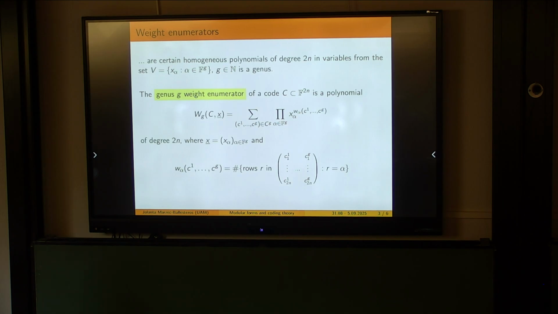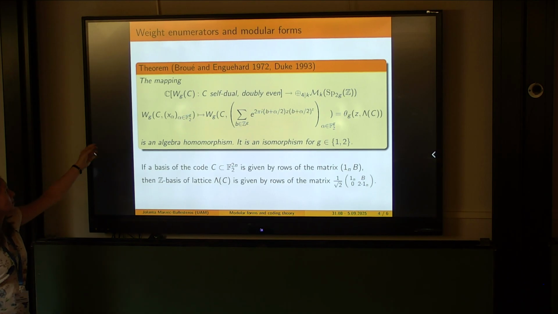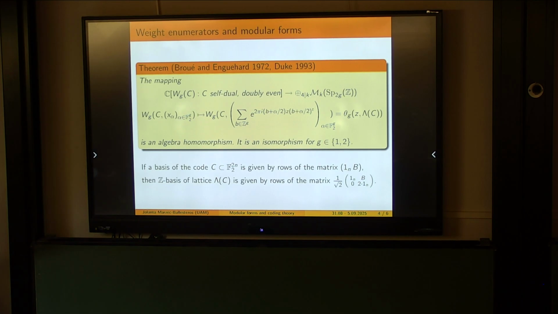So this definition maybe is kind of confusing at the beginning, and it's not clear what to do with it. But the reason I'm telling you about it is because Broué and Enguehard, and then later Runge in a more general setting, proved that there exists a homomorphism between the C algebra generated by genus G weight enumerators that one can associate to self-dual binary codes such that the weight of every code word is divisible by 4, so that's doubly even.